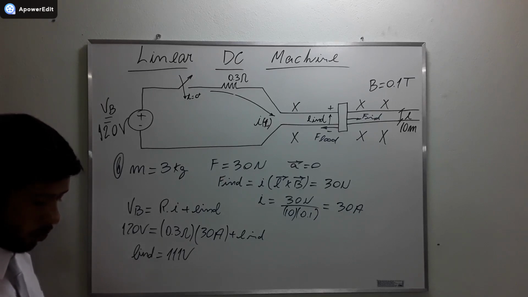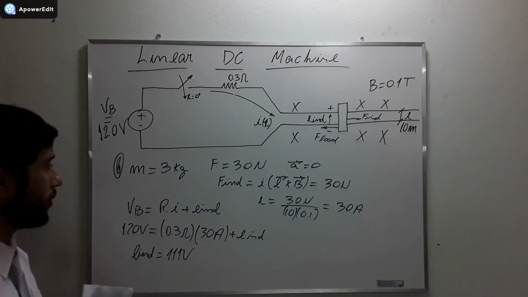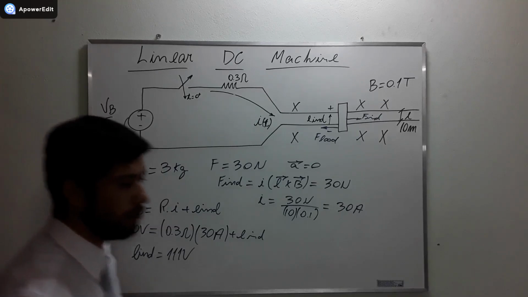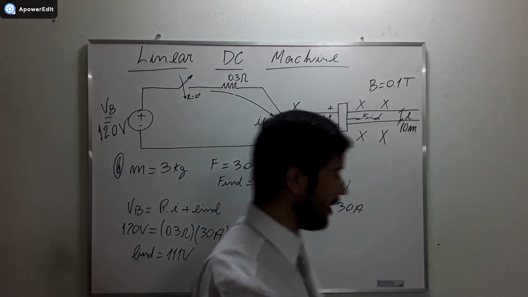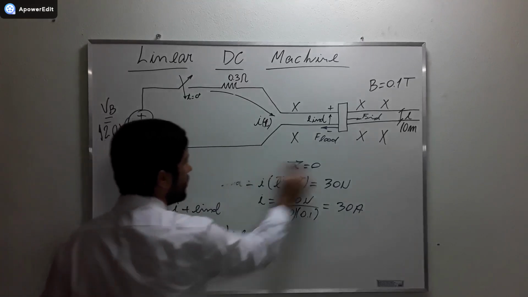Okay? But this is not yet what we want to calculate. What we want to calculate is the steady state velocity. And how do we calculate the steady state velocity? We are going to use the law of induction for the induced voltage. So let's use it.